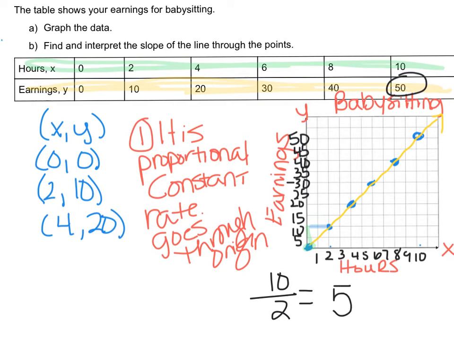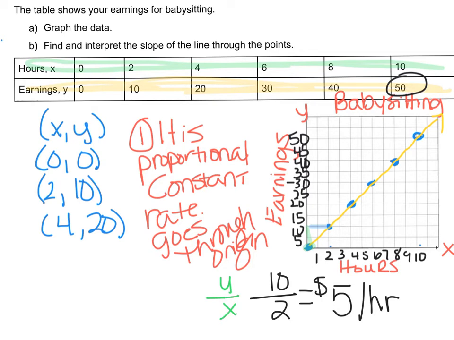But the bigger question is not really what the slope is, but what it means for the problem. So take a second, think about what you think it means. Okay, if you said that it meant that they made $5 per hour, that is correct. If you look at that, we did y on top over x.